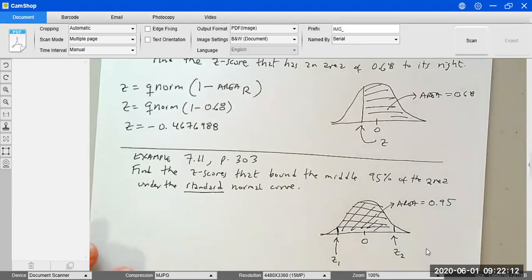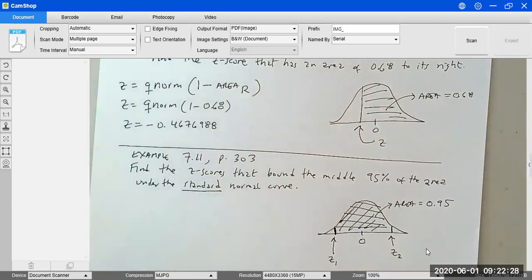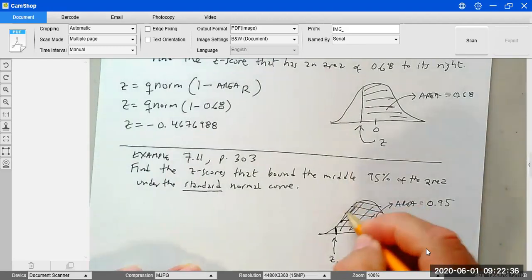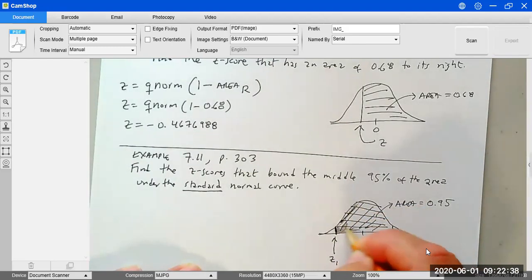So to find these values, what we need to know is the area to the left in each case. So for z1 and for z2, first we need to find these areas. I need to highlight this better. Okay, I have my pencil here to be able to see the difference.